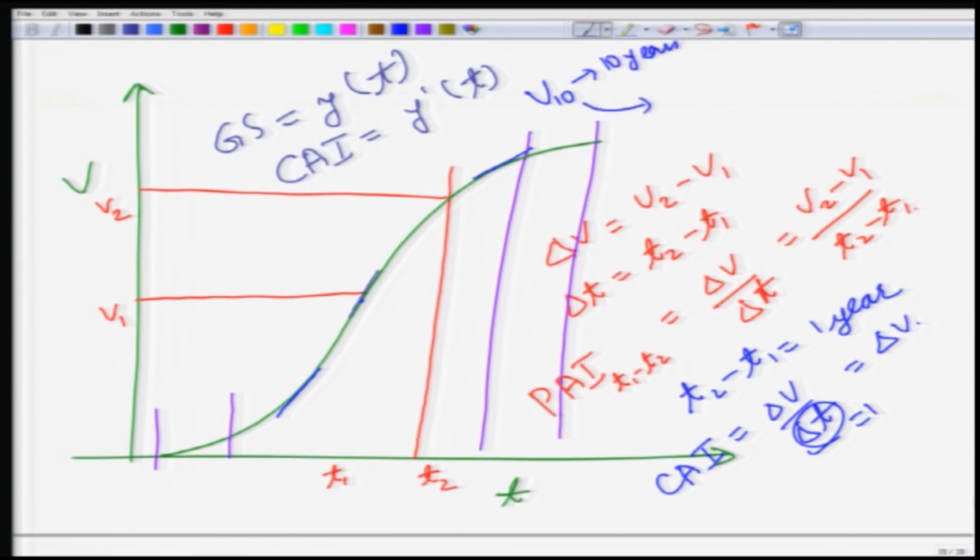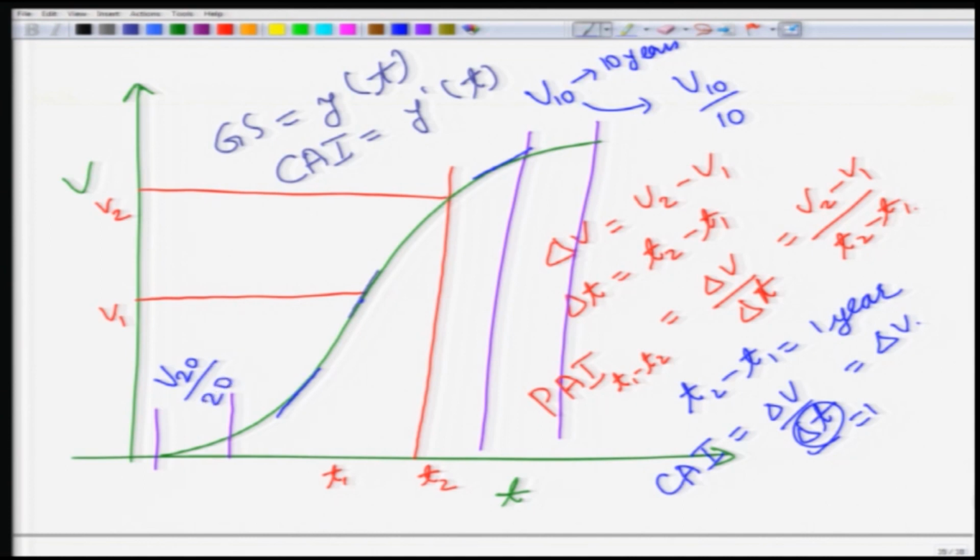So, every year on average this tree was putting up V10 divided by 10 cubic meters of growth. If you consider a volume, say V20, so in 20 years it reached a volume of V20, the mean annual increment will be V20 divided by 20.